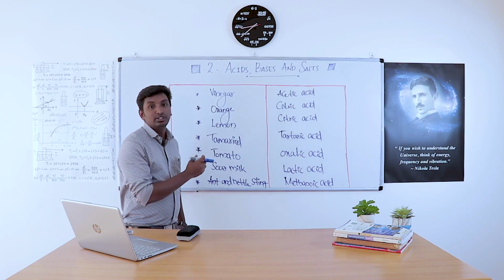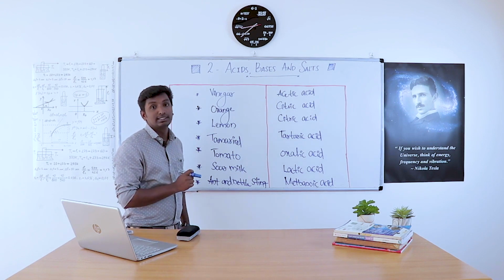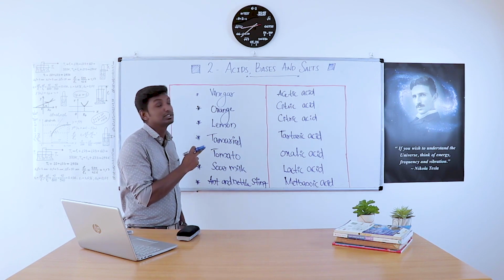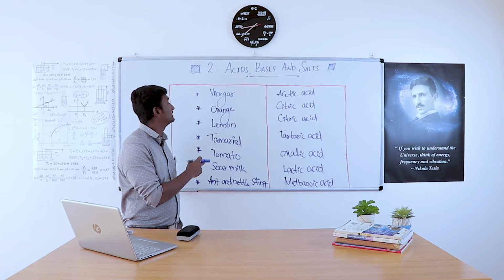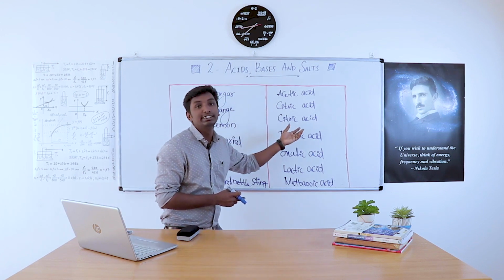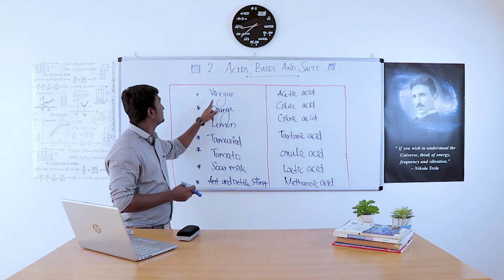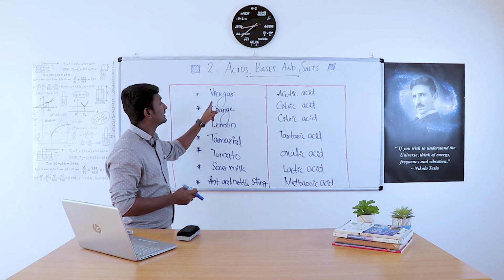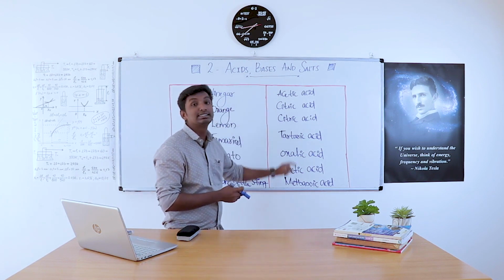These are the list of some naturally occurring acids. We need to check for each substance what type of acid is present. In vinegar, the acid present is acetic acid.